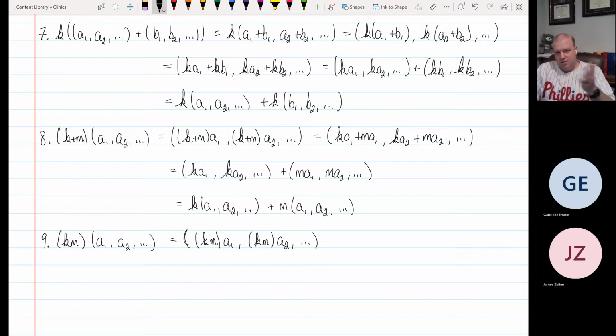We're dealing with real numbers, right? And multiplication of real numbers itself is associative. So we can group it however we want. So why not group it that way?